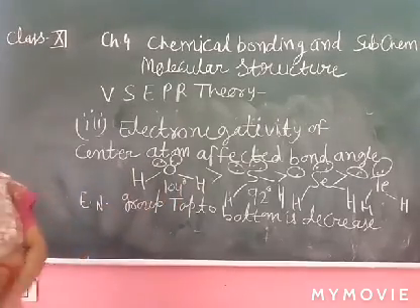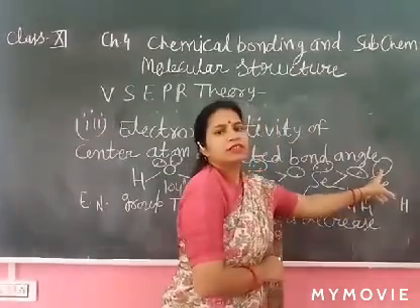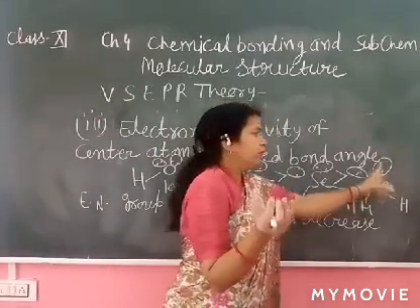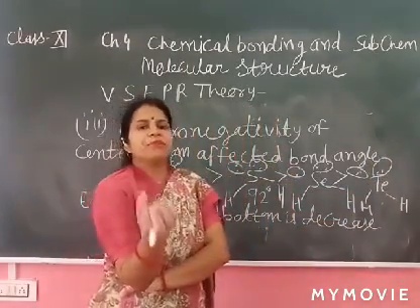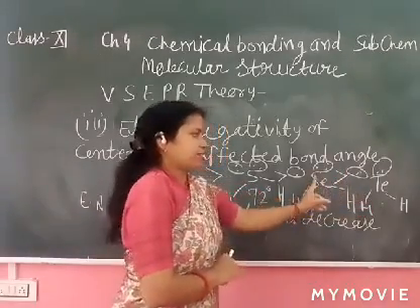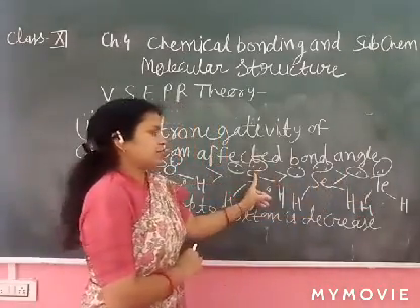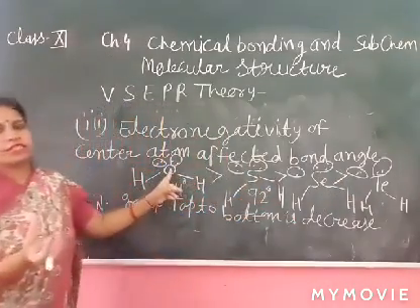Why? Because lone pair repulsion is maximum here. These electrons are less strongly attracted towards tellurium, while the attraction is strong in the other case.